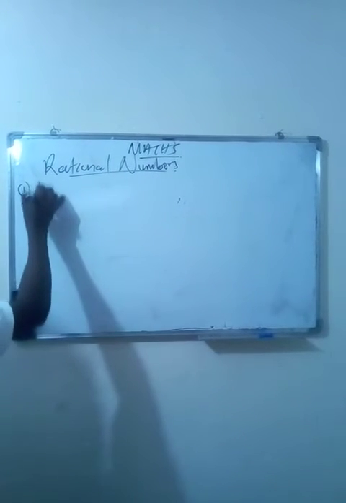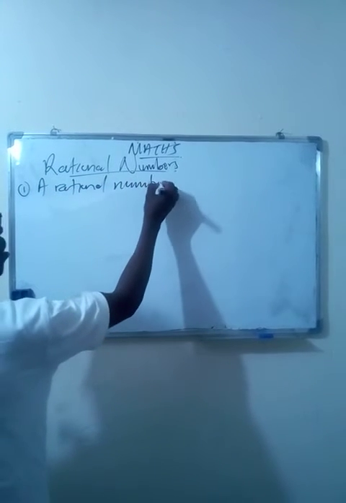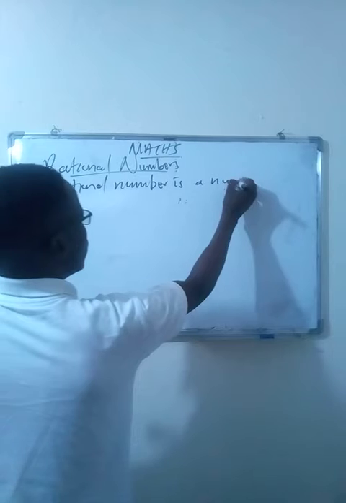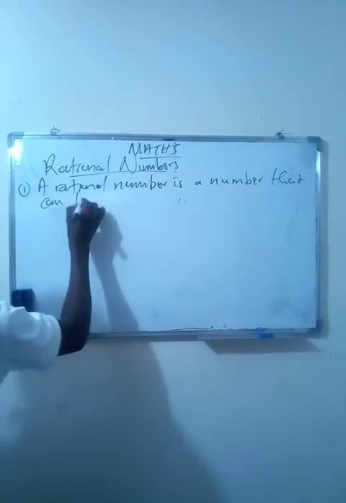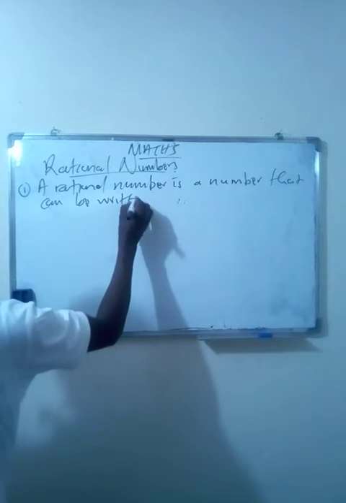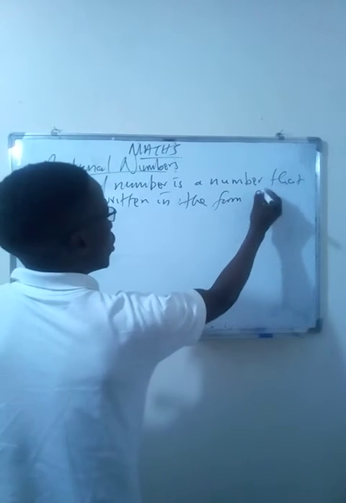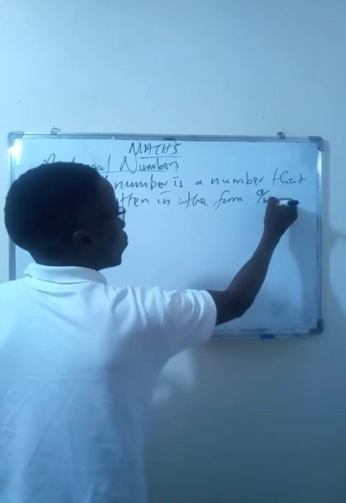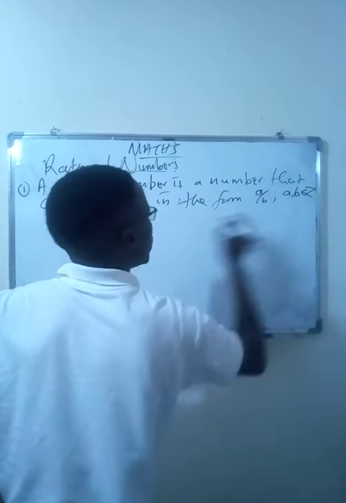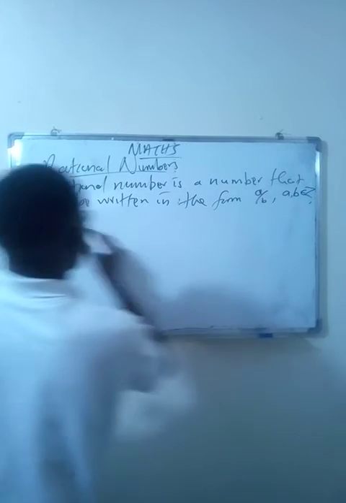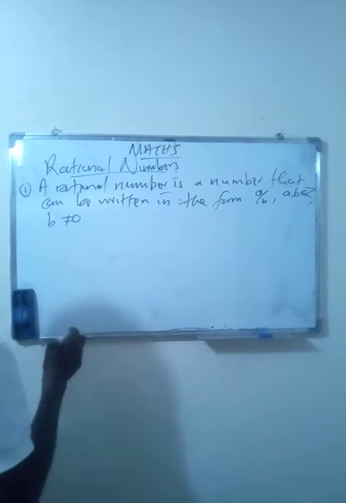We said that a rational number is a number that can be written in the form a over b, where a and b are integers, right? Then b should not equal 0, because once it is 0, it's going to be undefined.